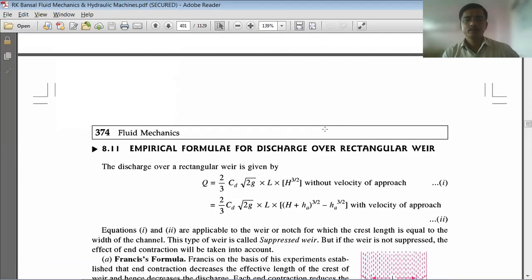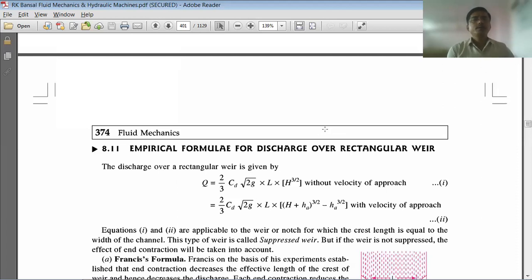Empirical formulae for discharge over rectangular weir. Okay, so write on the title. Only one formula here we are going to see, that is Francis formula. But write on the title there.